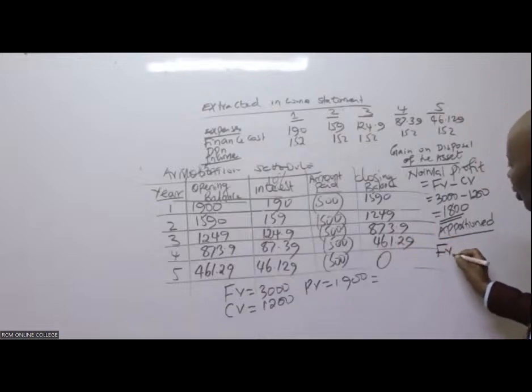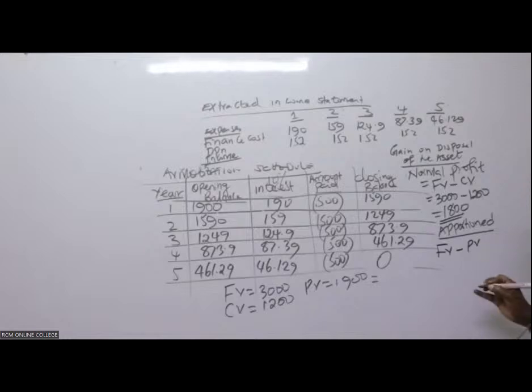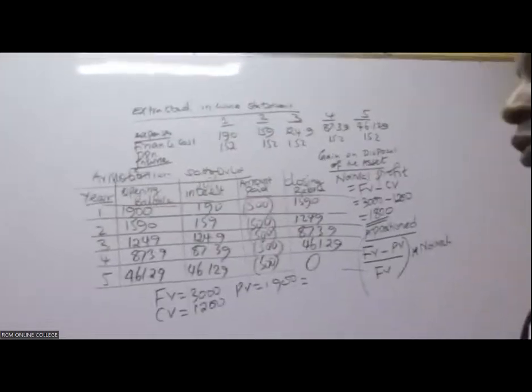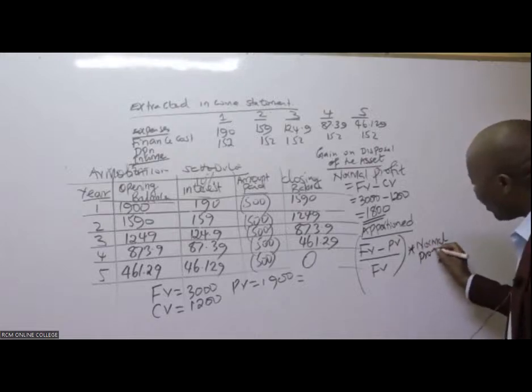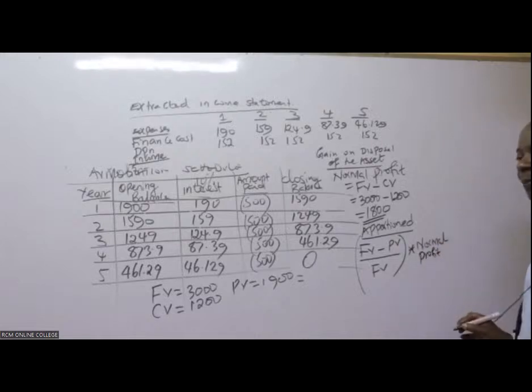This time around, you use present value over future value. Whatever we get, we multiply with the normal profit.